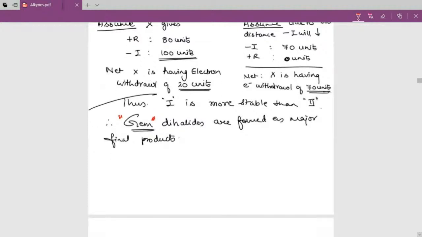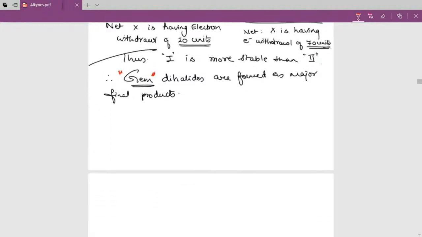So in Markovnikov addition of HX to alkynes, we are having gem dihalides as final products. Now, what about the anti-Markovnikov additions?